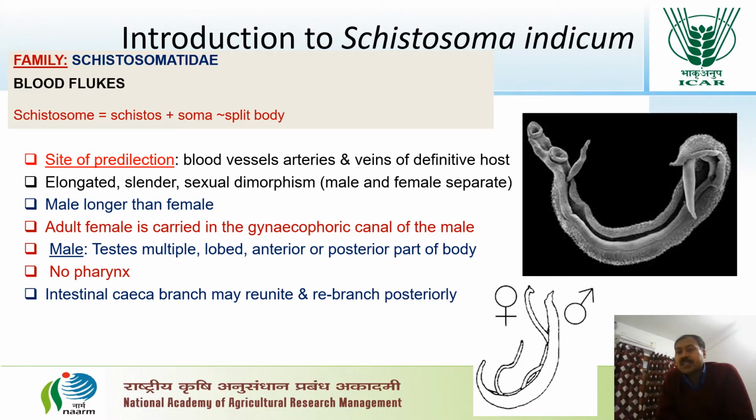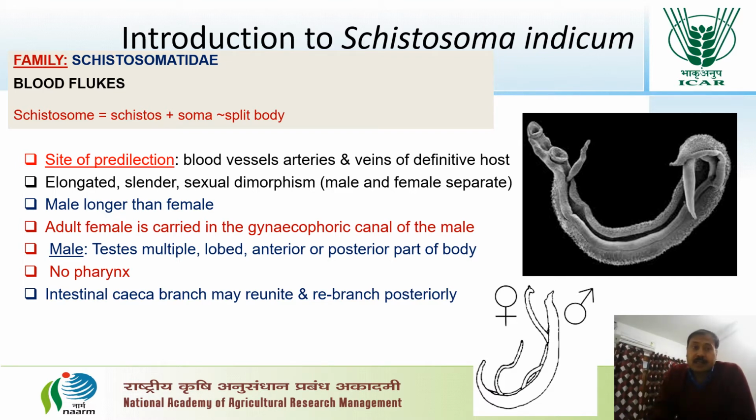This includes Schistosoma indicum and Schistosoma bovis, which are the most common trematode parasites of domestic ruminants in India. Now, we will mostly lay emphasis on Schistosoma indicum since it is the common schistosome of ruminants in India, which is responsible for intestinal schistosomosis.